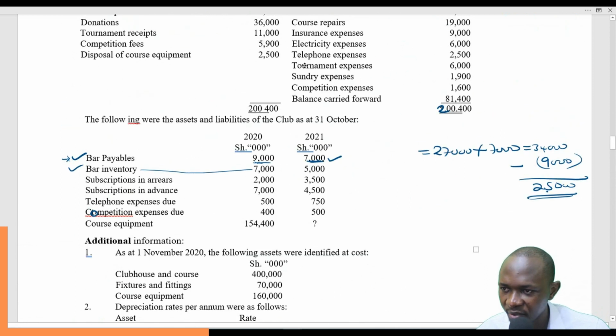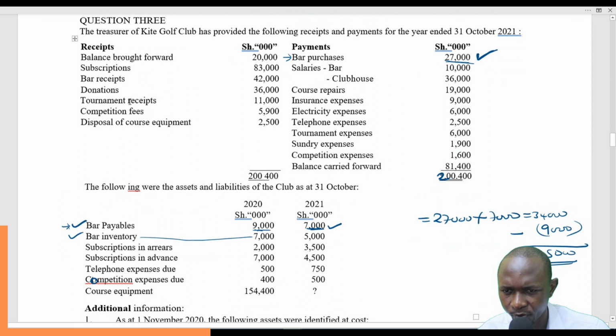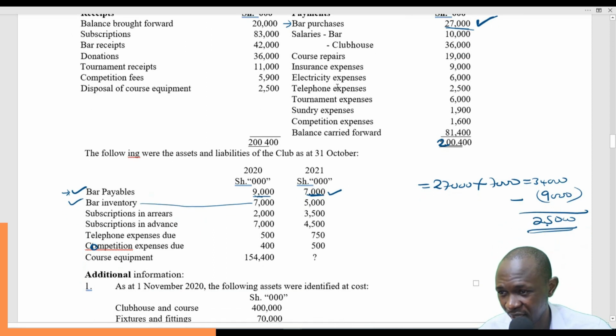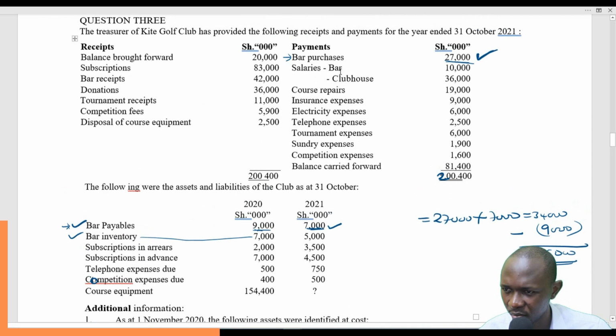Now, do we have any expenses for the bar? Donations, incomes, no. Expenses, salaries, we have salaries for the bar. At this level, we are only interested in what has been indicated as a bar expense, not any other expense. So electricity, telephone, these will go to the club. We are only interested with the bar.